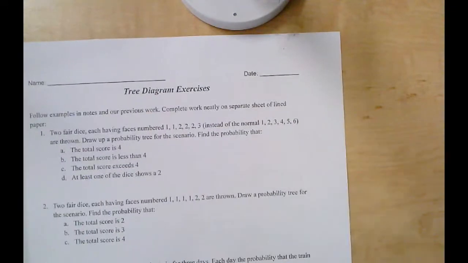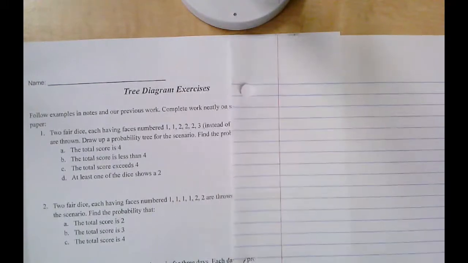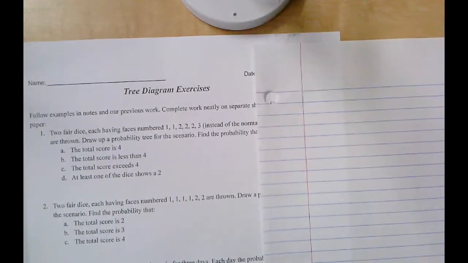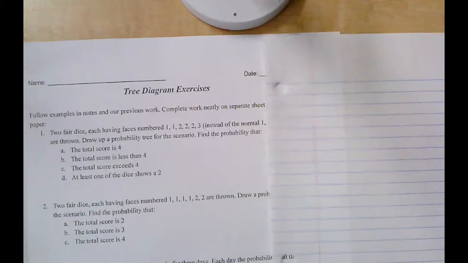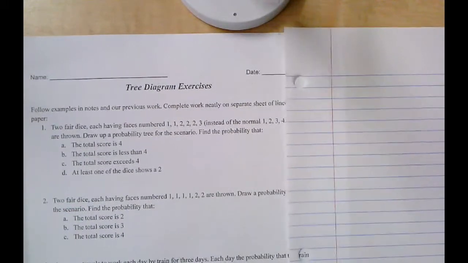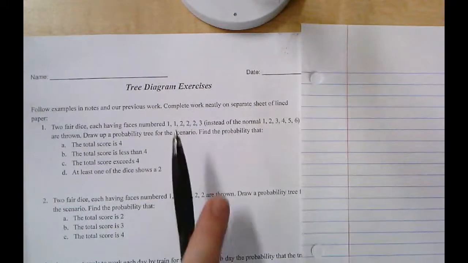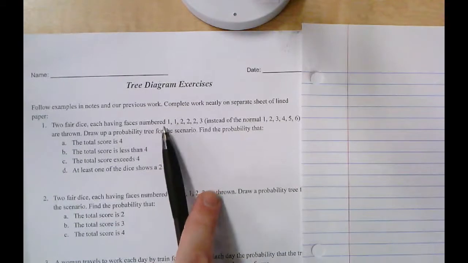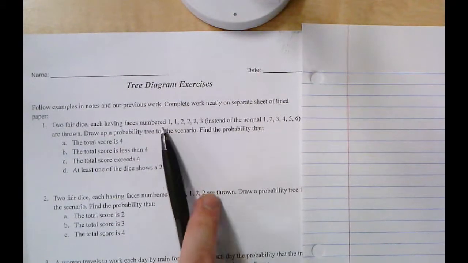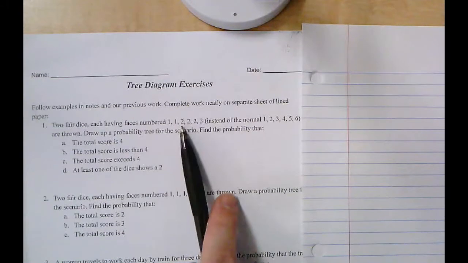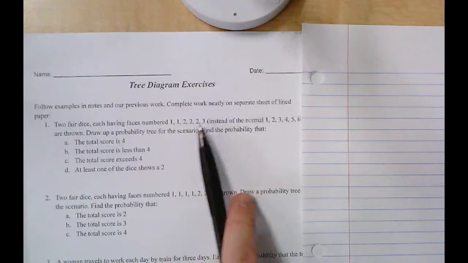All right, 2 fair dice. So that means it's not weighted. It's not possibly going to fall on one side more than another. But there are only 3 different faces that could come up. We could have 2 possibilities to get a 1. We could have a 2, there are 3 2s, or we could get a 3.